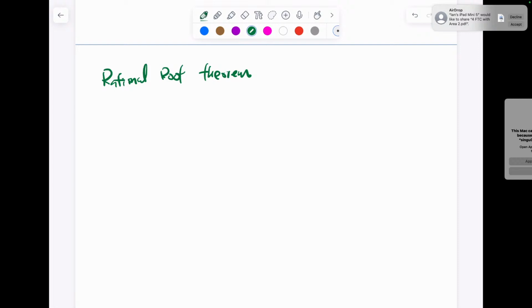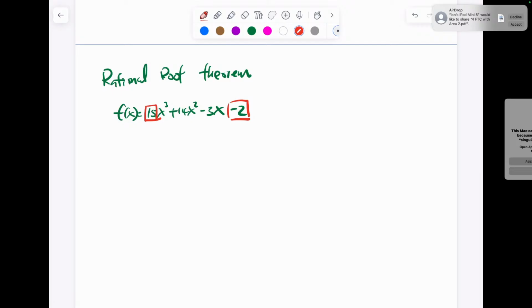Let's say this question says f of x equals 15x to the third plus 14x squared minus 3x minus 2. So this number and this number can give you the possible zeros.